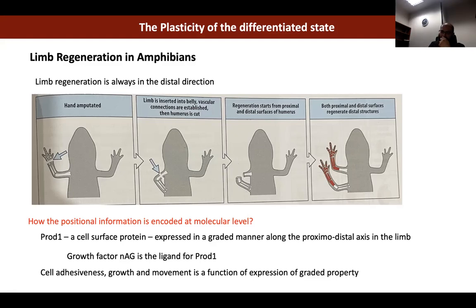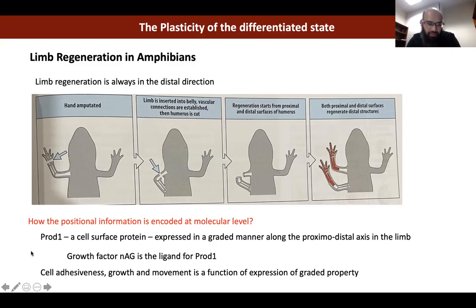And this is also similar to the anteroposterior gradient that we discussed a little bit earlier in the case of Hydra, that there is an inhibitory signal, for example the head inhibitory signal, that increases if you go down from head to the tail, and the tail inhibitory signal increases if you go up from tail to head.